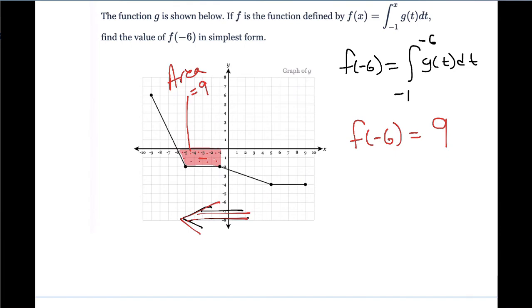It's negative, but because we're going in a negative direction, the area becomes positive. That space becomes positive because we're starting at -1 and we're going to -6. And so that's that kind of double negative. So that means that f of -6 is actually 9.